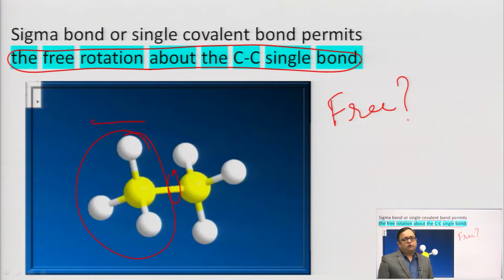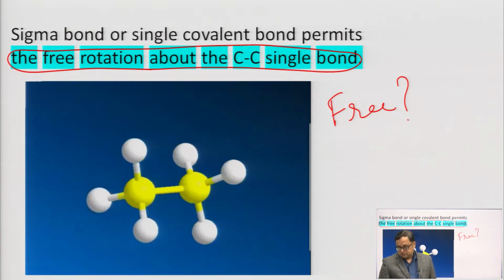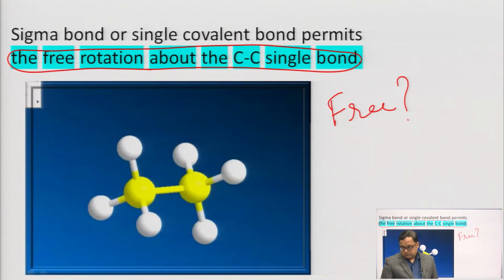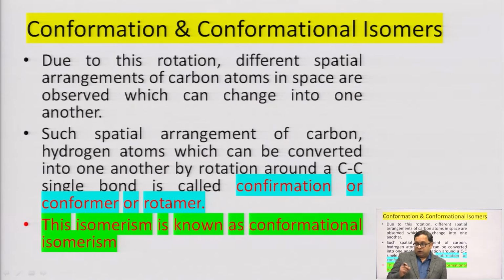So, till now it is clear that the symmetric distribution permits free rotation around the carbon-carbon single bond. You can see this free rotation easily. Due to this rotation, different spatial arrangements of carbon atoms in space are observed, and they can be changed into one another.